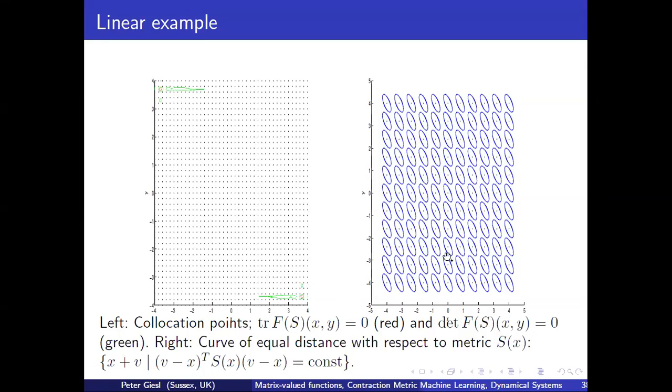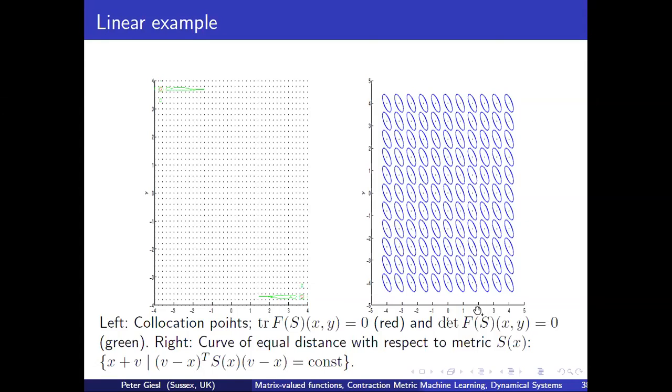And then we see a representation of what S actually means. So S measures the distance. It displays a metric. So somehow a good way of showing this metric is a curve of equal distance around a point. So that at this point x, we've shown a curve of equal distance with respect to this metric.